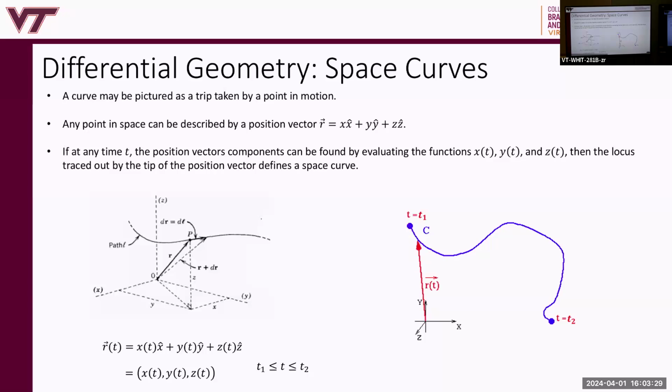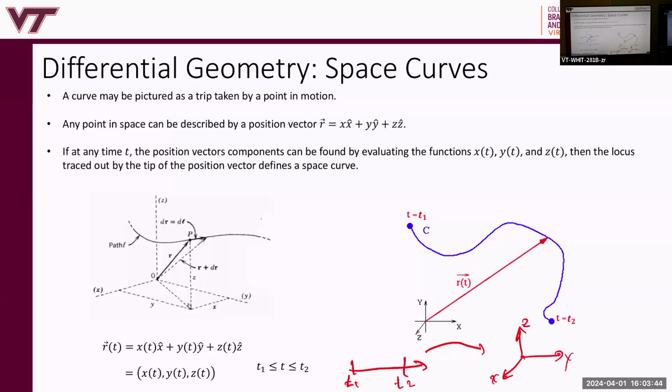So you can also picture this as a mapping from a 1D line, a 1D space, say from T1 to T2, to an X, Y, and a Z. Each of the components of this vector R of t depends on t.